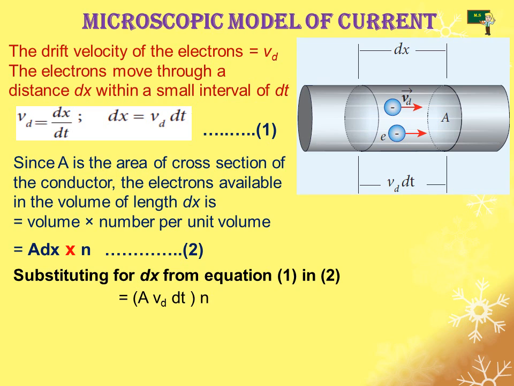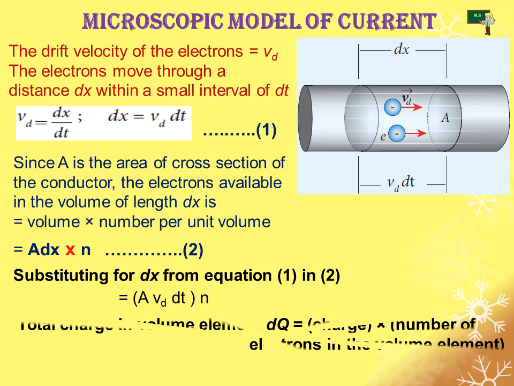Now substitute the value of dx from equation 1 in equation 2. Then we get A Vd into dt into n. The total charge in the volume element dq is equal to charge into the number of electrons in the volume element.